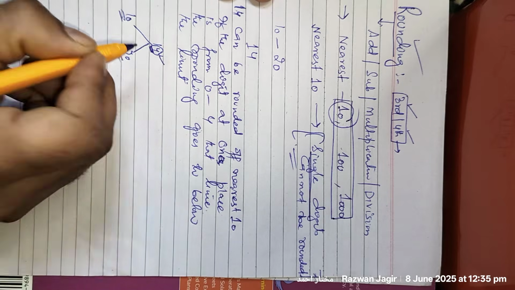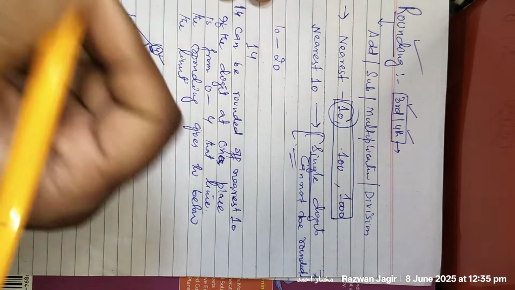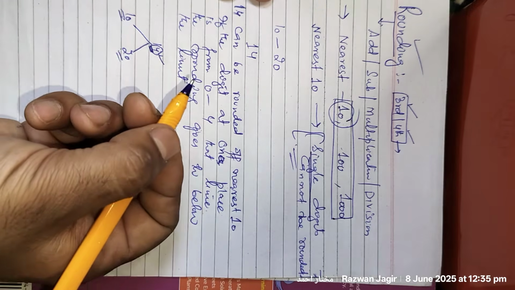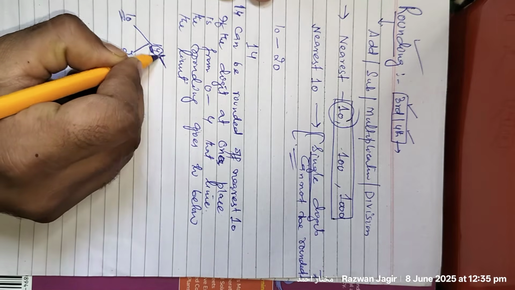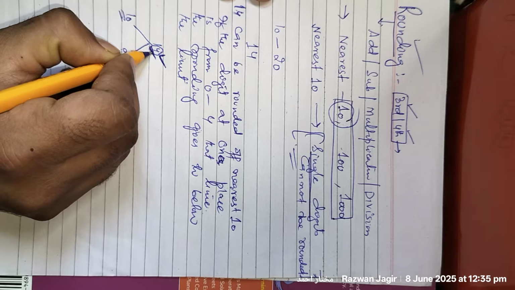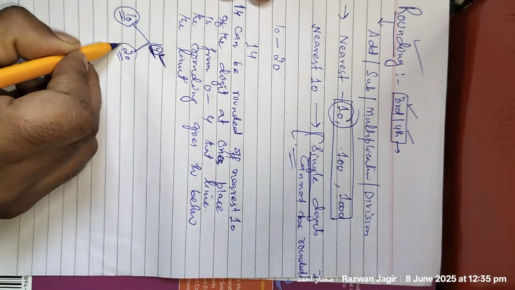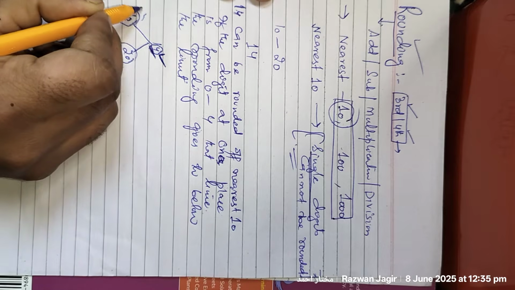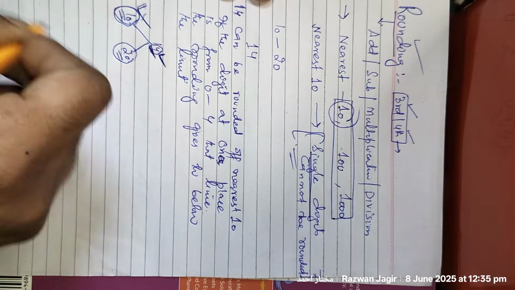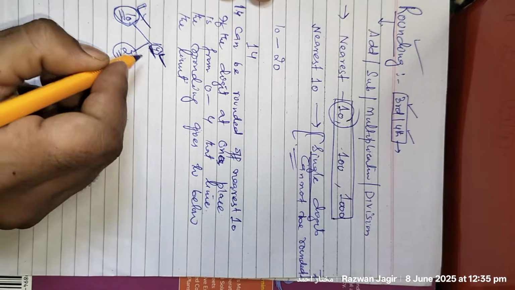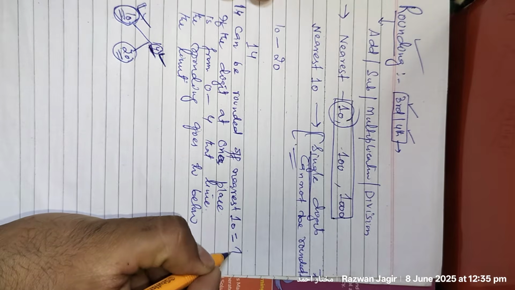So whenever you have to do the rounding nearest to 10, जब भी आपको 10 पे राउंडिंग करनी होगी, जो वन्स प्लेस पे नंबर होगा, जैसे 4 here is a 4, so at this time our value is the lower limit, meaning this 14 comes between 10 and 20, but when we round this 14, the answer will be 10.